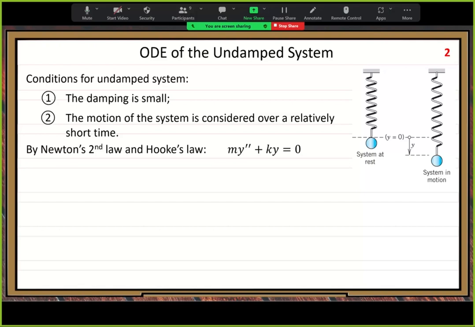So the spring's restoring force causes the whole motion. Now, only one force, the spring's restoring force, causes the motion. So we get this equation. Next, we want to solve it. We did it before. We have formulas. Here we just apply the formulas.